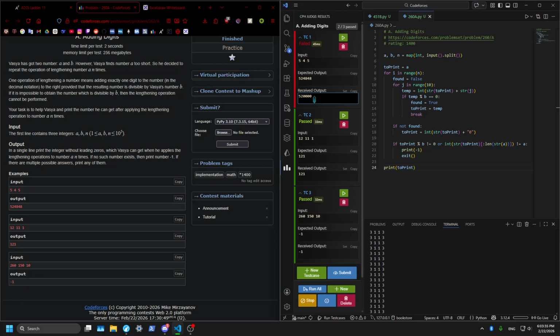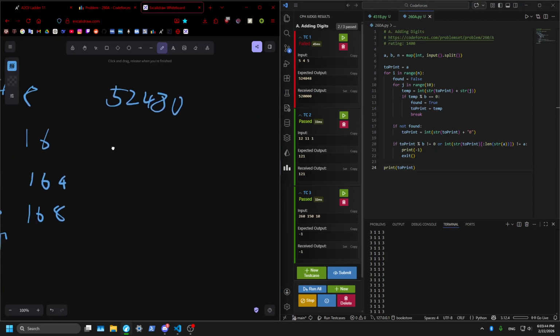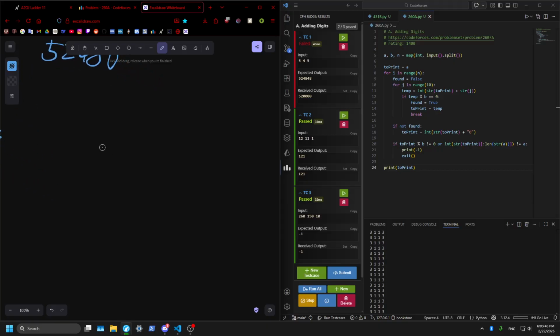Low key, we can break this. We can break each number into 3 parts, right? Say we have like 6, 7, 4, 6, 7, and this is our first part.